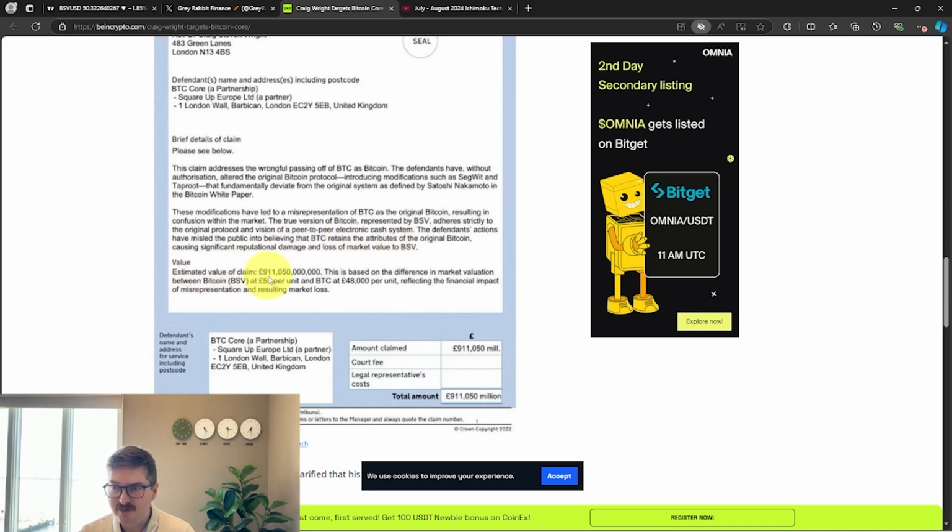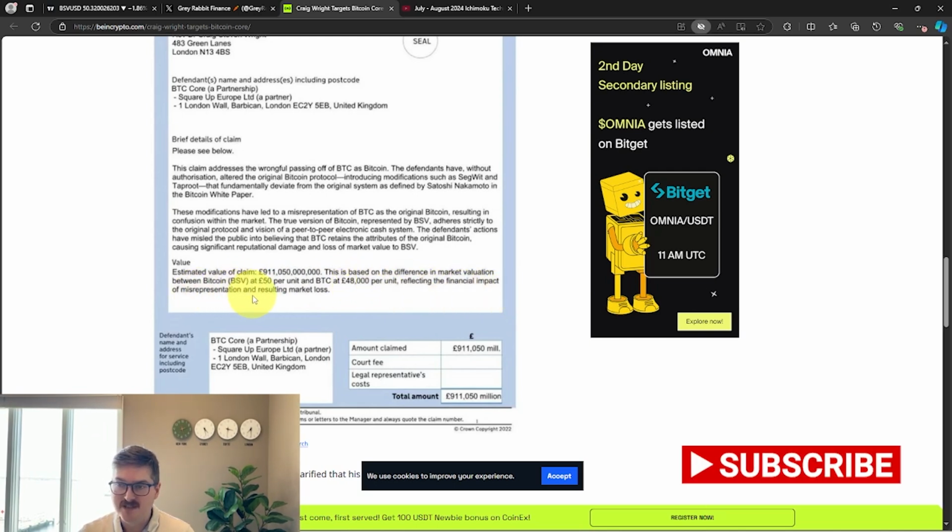Estimated value of claim: 911 billion and 50 million British pounds. This is based on the difference in market valuation between BSV at £50 per unit and Bitcoin Core at 48,000 pounds per unit, reflecting the financial impact of misrepresentation and resulting market loss.